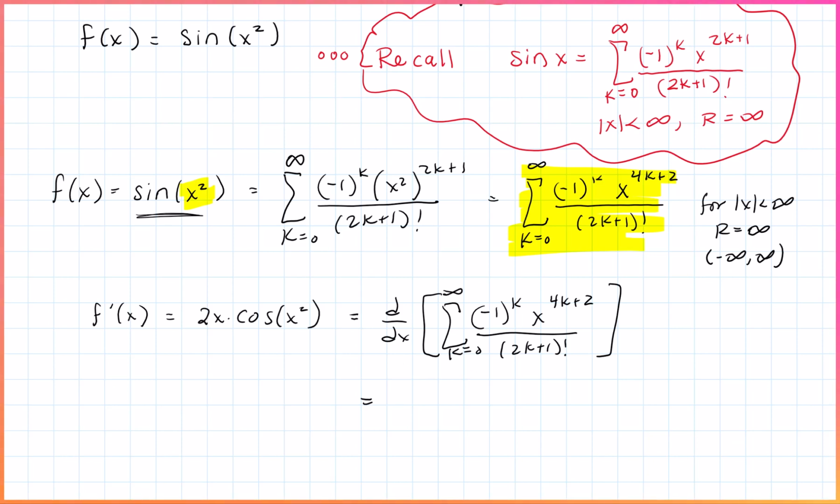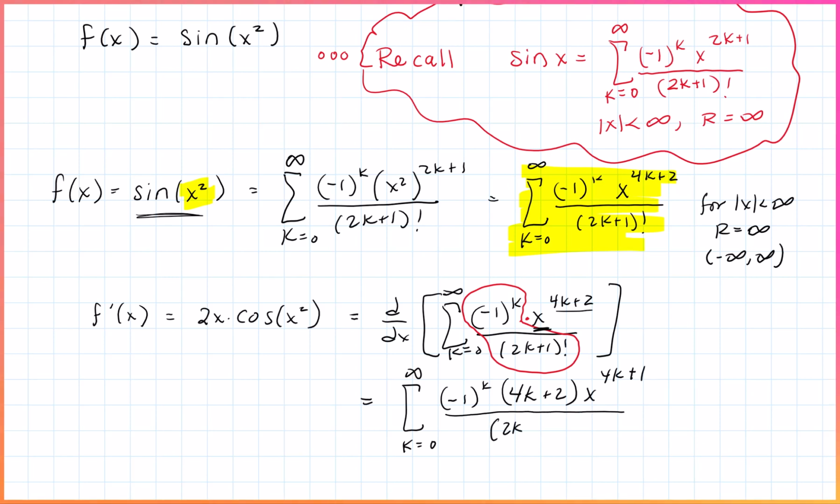Remember that these factors right here are just constants, so those will stay the same, and we're taking the derivative of x to the 4k plus 2. So we end up with negative 1 to the k. Applying the power rule, we get 4k plus 2 times x to the 4k plus 2 minus 1, so that becomes 4k plus 1, and that is still all over 2k plus 1 factorial.